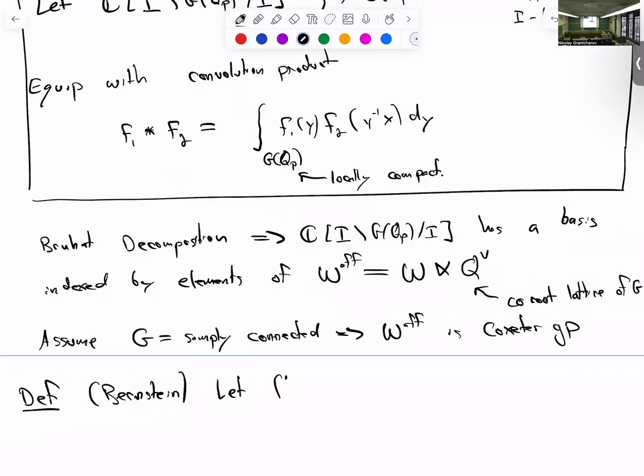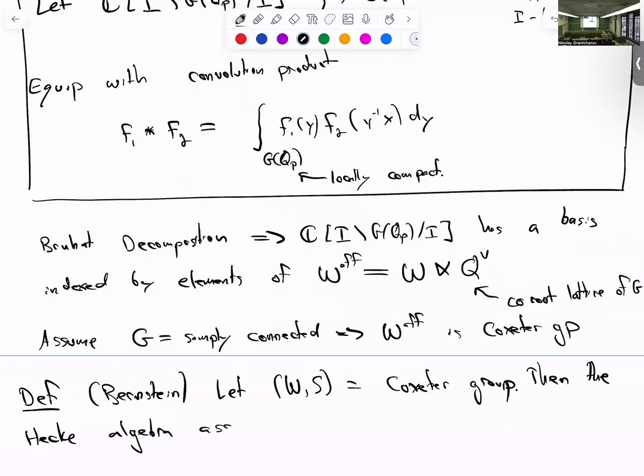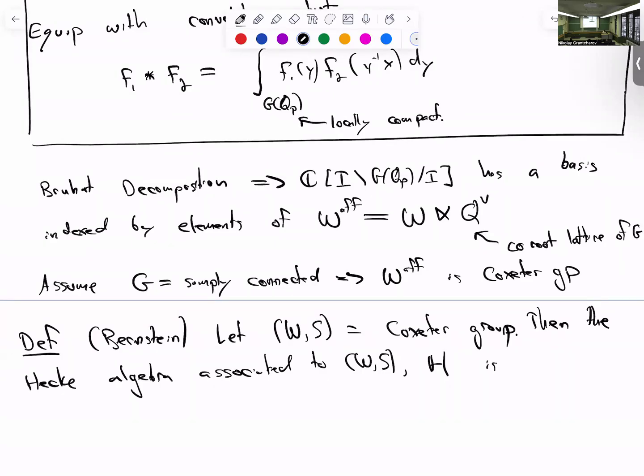So let (W, S) be a Coxeter group, then the Hecke algebra associated to W, denoted by boldface H, has a basis over the integers with q plus minus 1 attached formally.